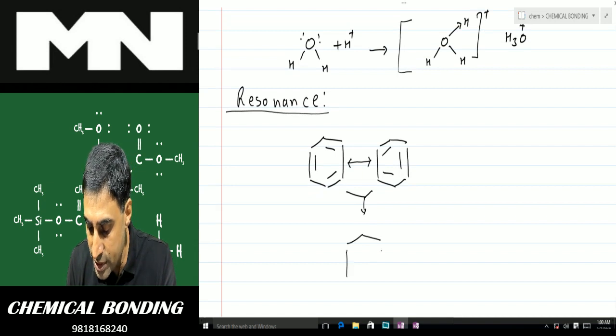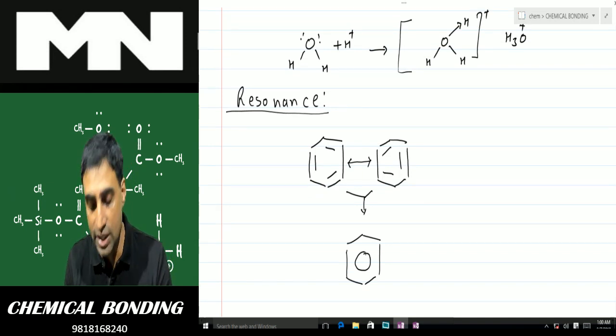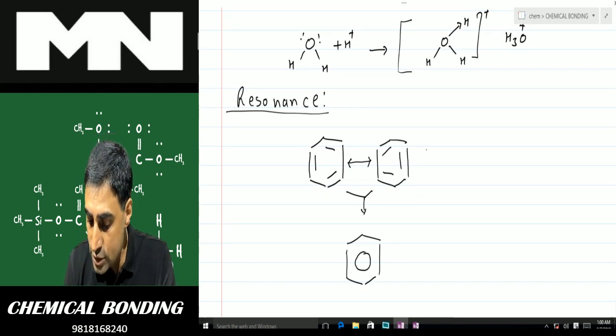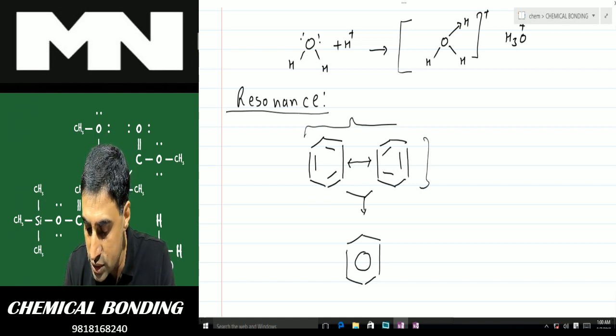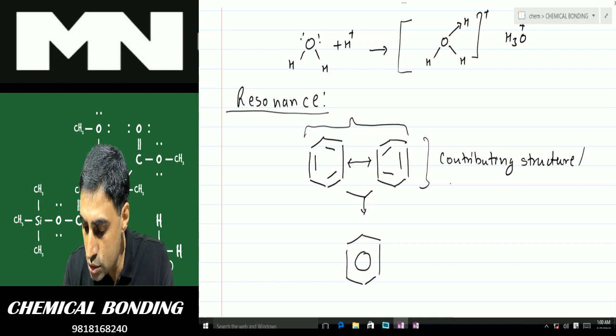A resonance hybrid structure of benzene can be drawn like this, where I draw a circle of pi electrons. So what are these two structures? These two structures are the contributing structures, also known as canonical forms.